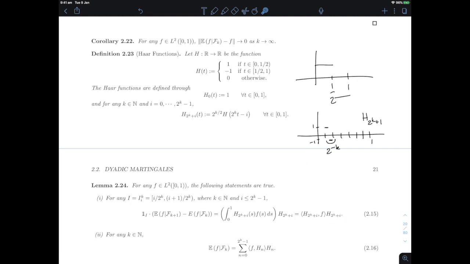So really what we're doing here is that we are projecting f on the subspace generated by just this single Haar function. As a consequence of that, we'll get what I was saying, that the conditional expectation of f given F_k is a linear combination of Haar functions with the coefficient being the inner product of f with the Haar function.